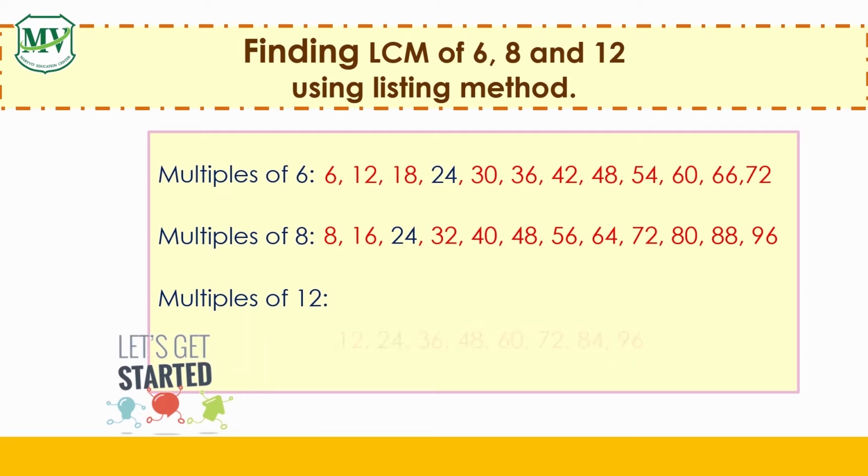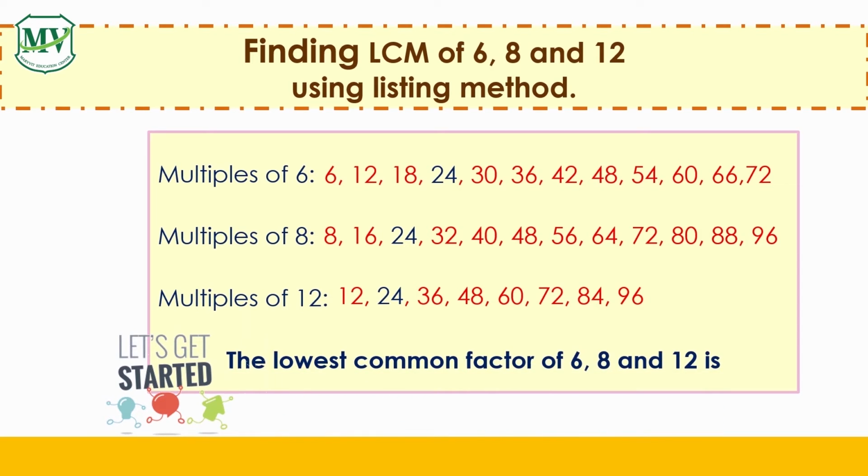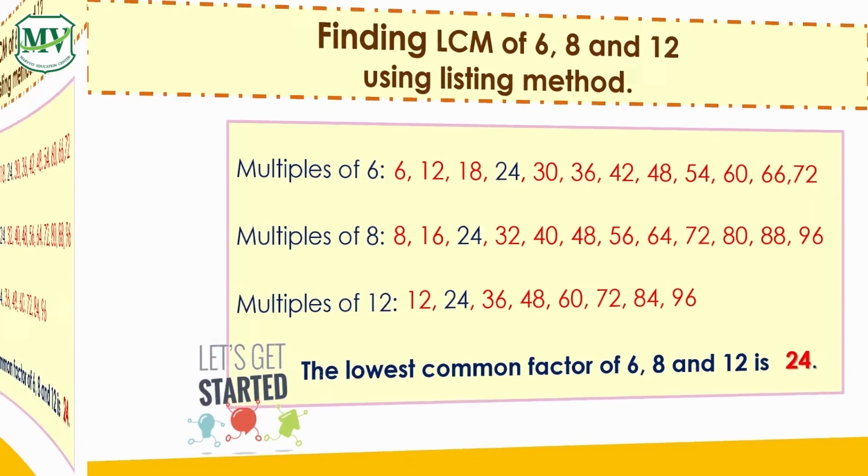That's right, it's 12, 24, 36, 48, 60, 72, 84, and 96. Among the multiples, what is the lowest common multiple? Brilliant! 24 is the lowest common multiple of 6, 8, and 12.